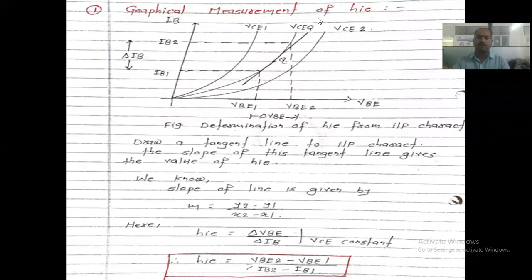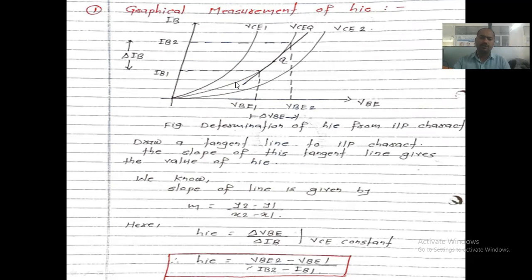For this purpose, we need the V1 ratio upon I1, and that's why we plot this graph. This graph is nothing but VB versus IB for different values of VC: VC1, VC2, and VCQ.